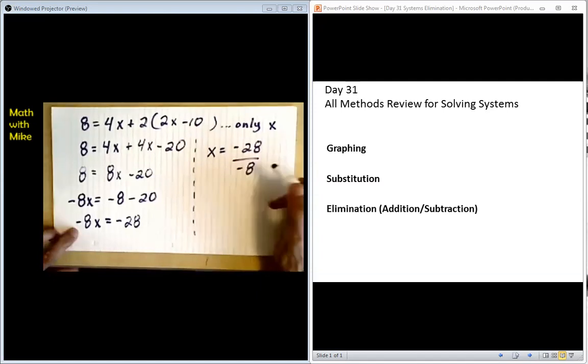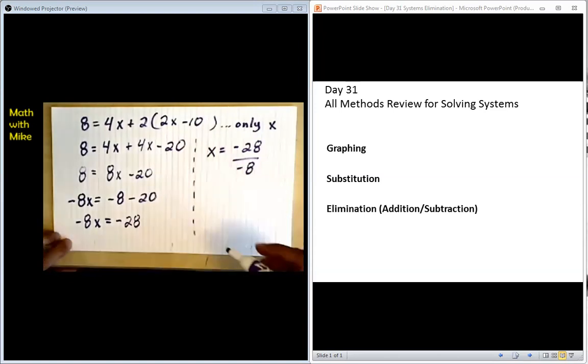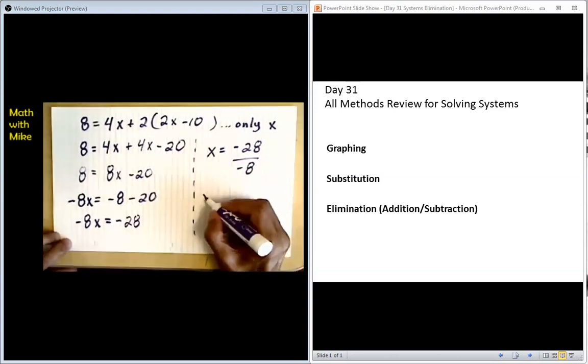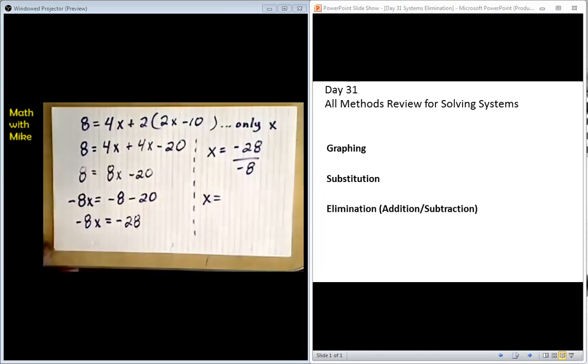Minus 8 is the number in front of the x, so that's what we're dividing by. Now's the hard part. What's this going to equal? No, not 4. Close. That's what Dunya said.